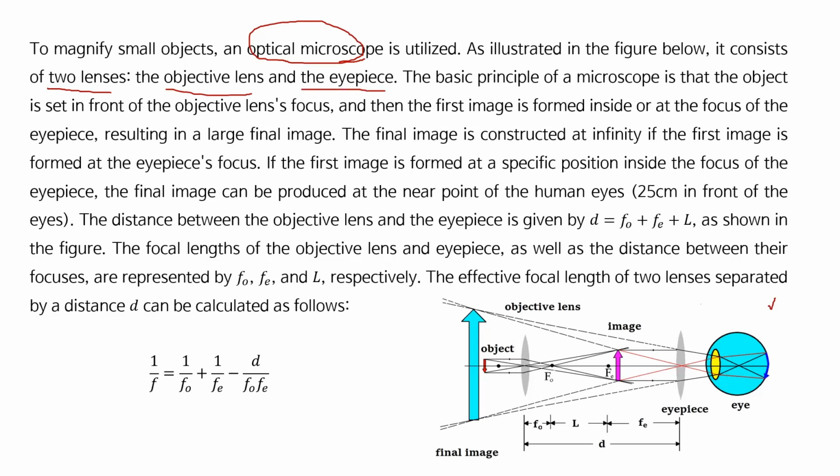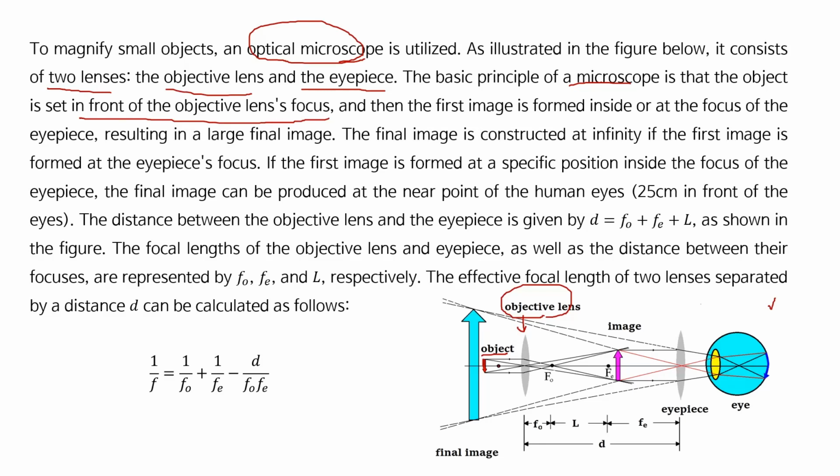The basic principle of a microscope is that the object is set in front of the objective lens's focus. That is the objective lens, and the object is put just in front of the objective lens focus.